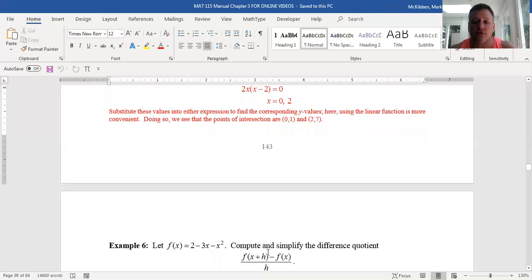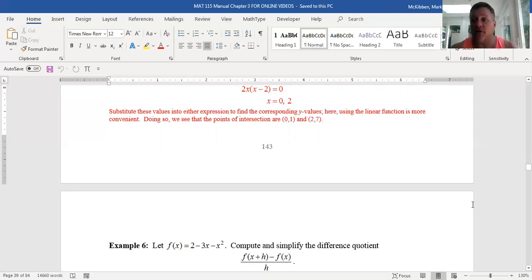All right, and so what do we do? This would be a dandy time to remember that f of box notation for a function. So instead of an x, rewrite the function as f of box, and that equals, on the right side, replace each of the x's by a box. And so you have 2 minus 3 times box minus the box squared.